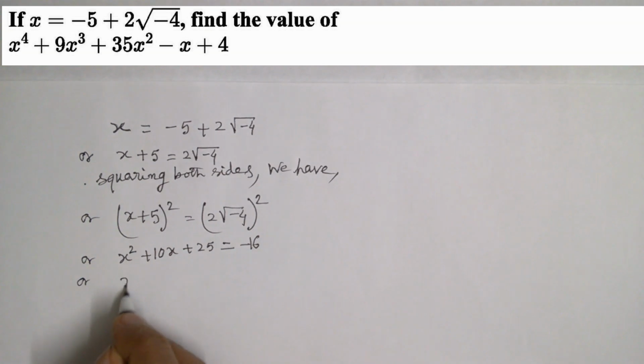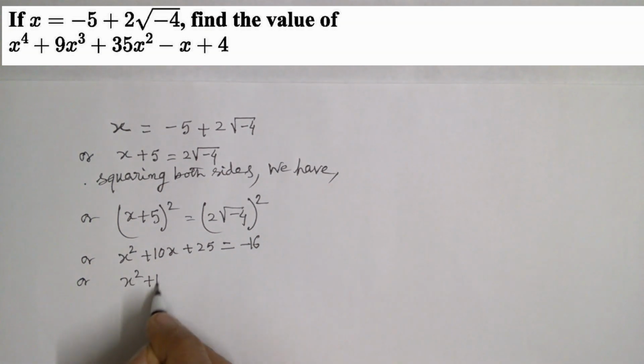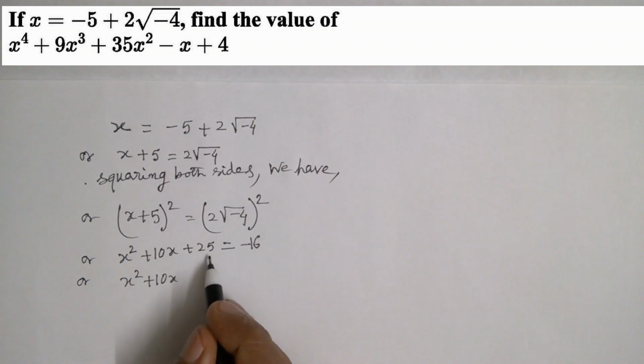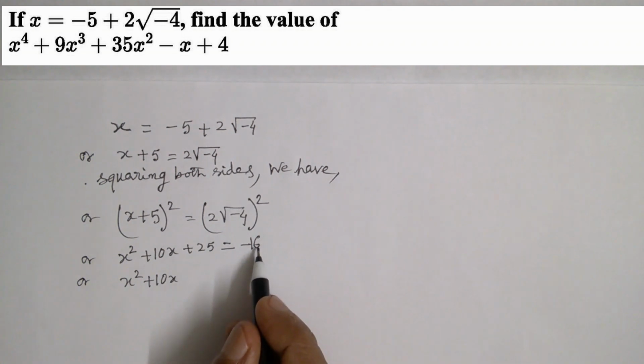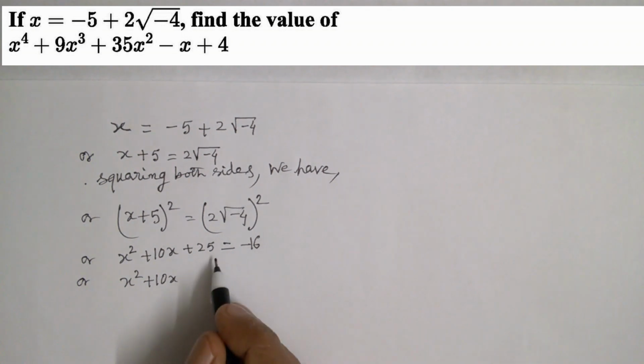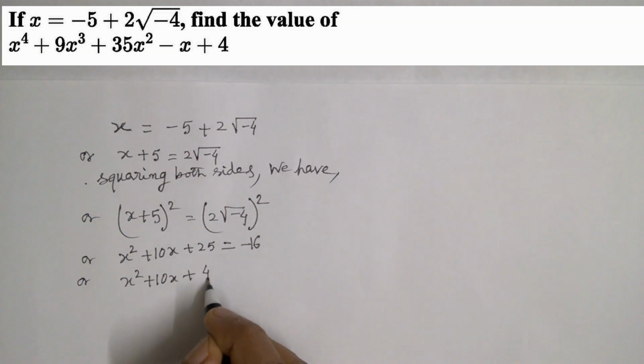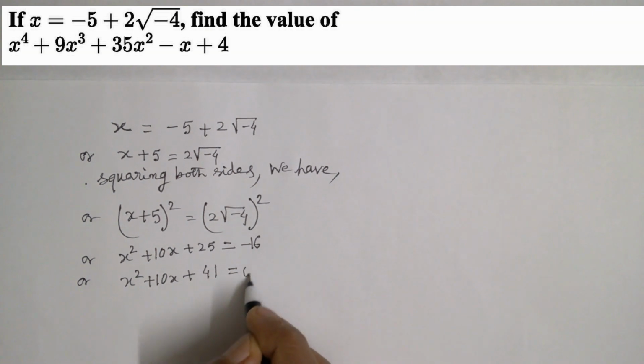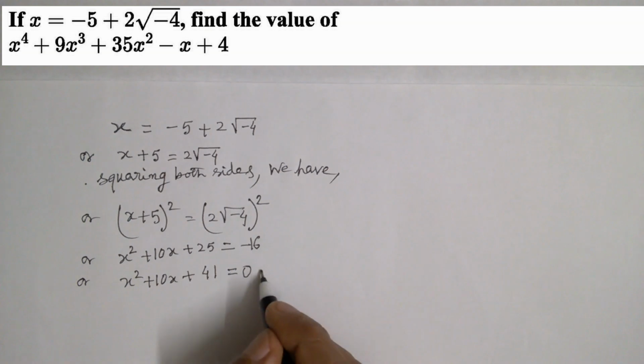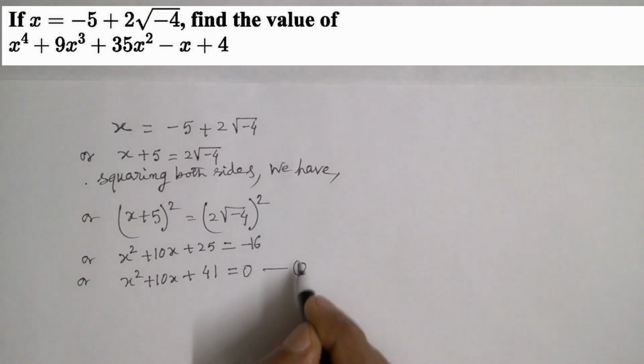Now after more simplification, plus 25, whenever minus 16 is transposed to the left, it will be plus 16. Now adding with this, 41 that is equal to 0. Now name it this equation number 1: x square plus 10x plus 41 equals 0.